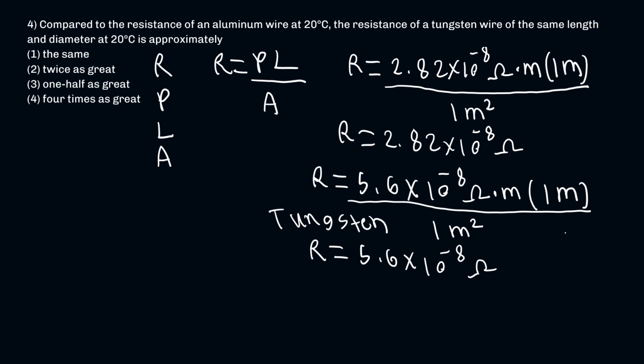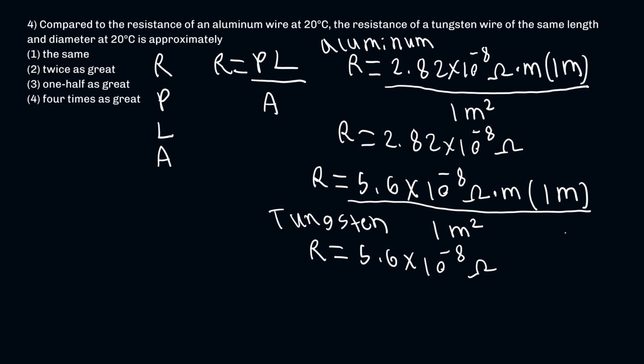This one up here is my aluminum. So my aluminum is up top, my tungsten is on the bottom. We're just comparing these two to each other. So essentially divide 5.6 times 10 to the negative 8th by 2.82 times 10 to the negative 8th, and you will end up with your answer.